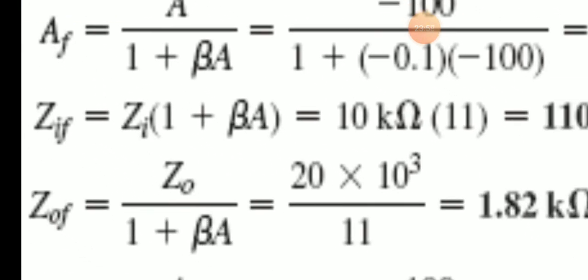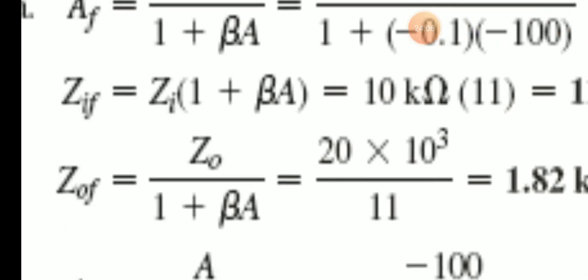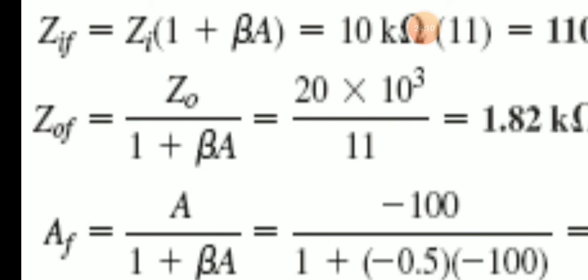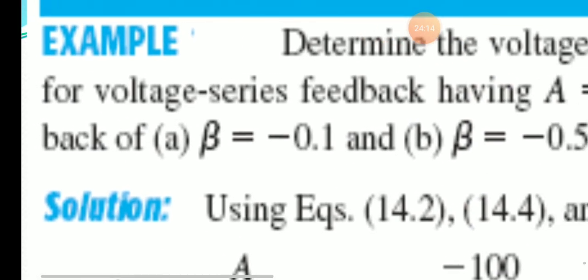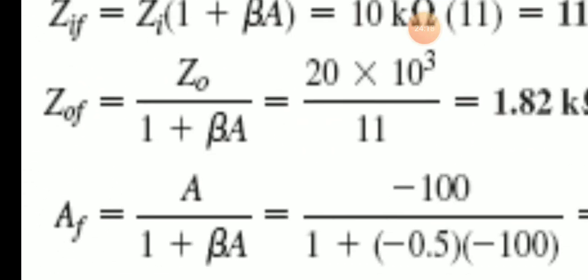Then the input impedance can be calculated by Zi into 1 plus beta A. Put the values and you will get 110 kilo ohm, that is the feedback input impedance. The feedback output impedance can be calculated as Z0 by 1 plus beta A, and this is clearly mentioned as voltage series feedback, so you have to use the formulas for voltage series feedback.